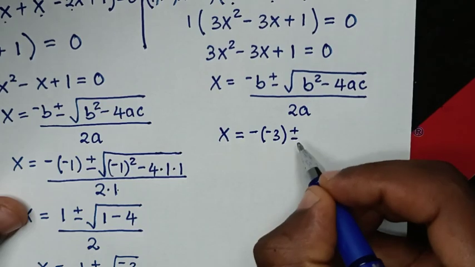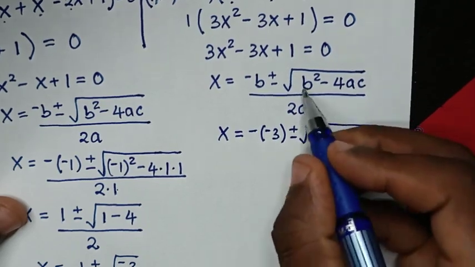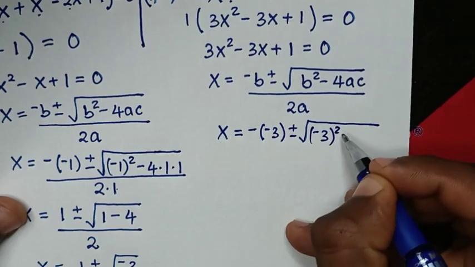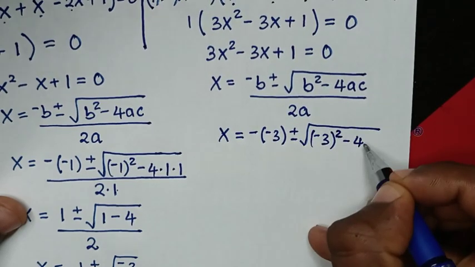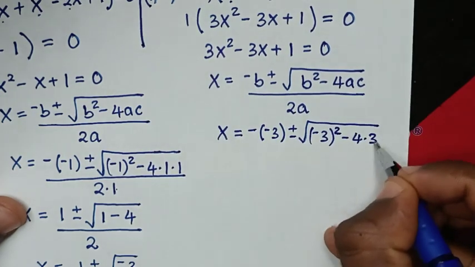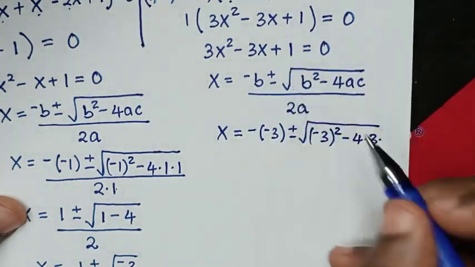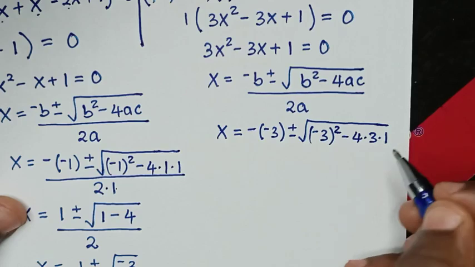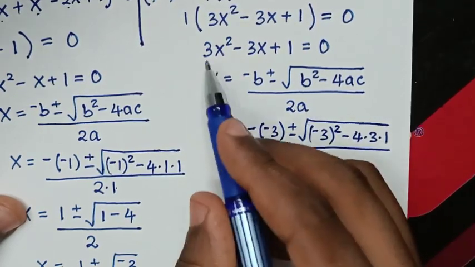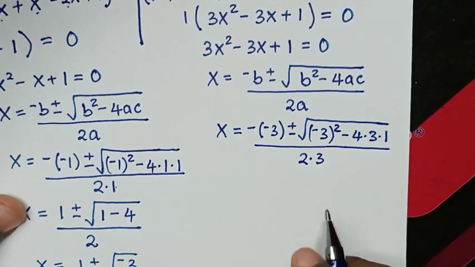Then plus or minus square root of b squared, it will be this, which is negative 3 squared. Then minus 4 times a, it is this 3, times c, it is 1. Then over 2 times a is this 3.